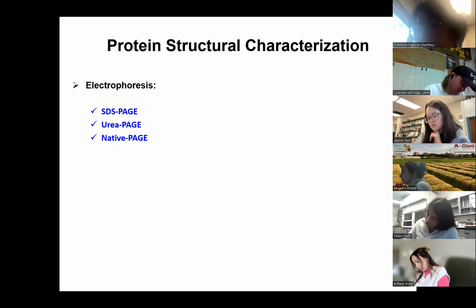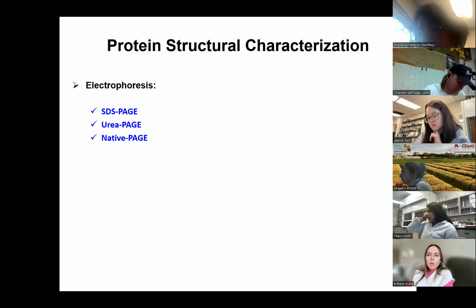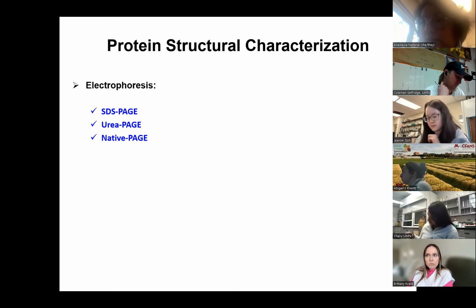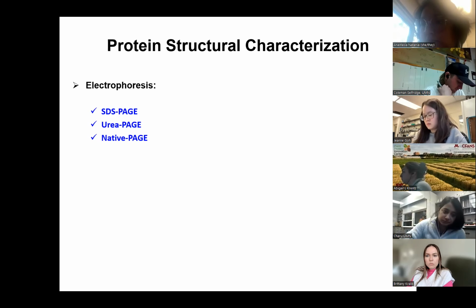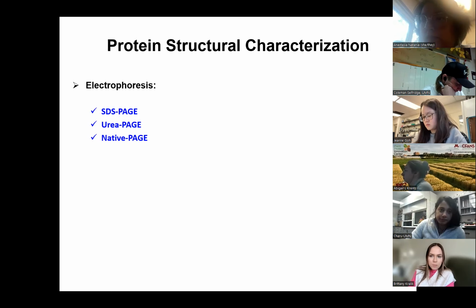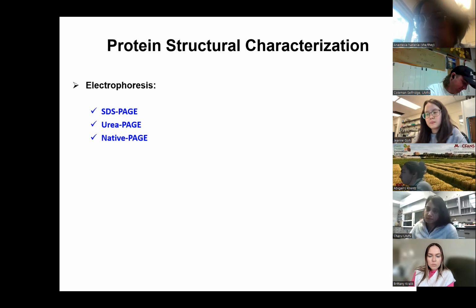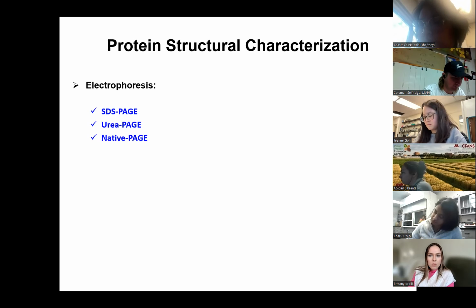So when you run the voltage, they have to all move down. And if the protein is not negatively charged, they're not going to all go in one direction down. They will stop, like in urea. Urea denatures the protein but does not impart a negative charge. So they separate based on how they are charged at a particular pH and also based on their size.